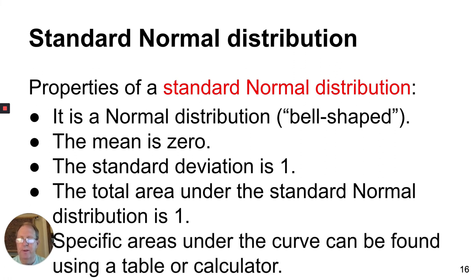But this last point is important. Specific areas under the curve can be found using a table or calculator. That's why we want to standardize normal distributions, because once they become standard normal distributions, we can use tables and calculators to figure out the specific areas found underneath the curve.